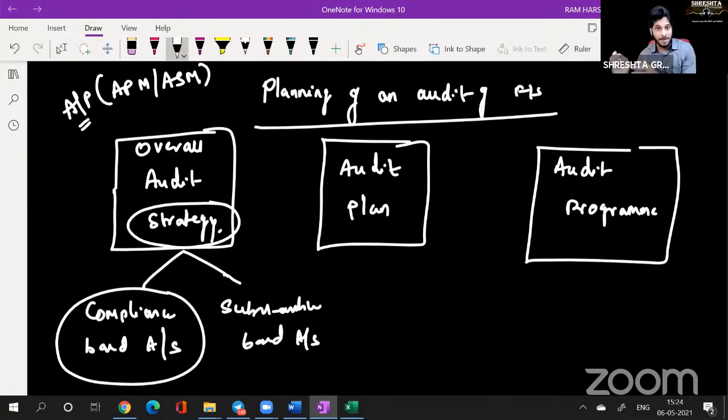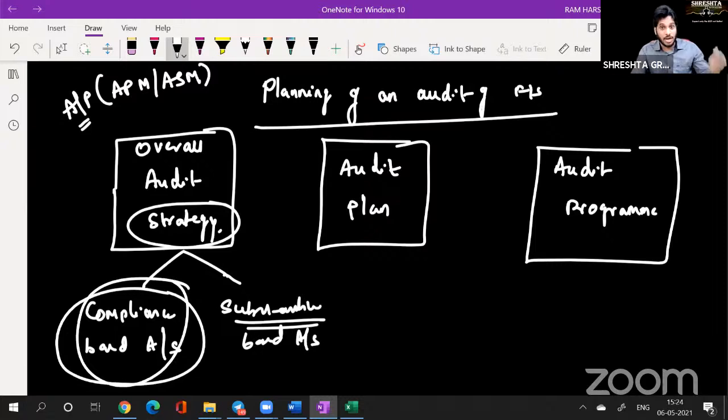It is highly advisable to check the system processes rather than the substantive part of the transactions. Are they complying with the rules and regulations? So it is compliance-based. We also call it control-based audit strategy, where we give major importance to internal controls rather than the actual transactions. We verify transactions also, but major attention is given to controls.